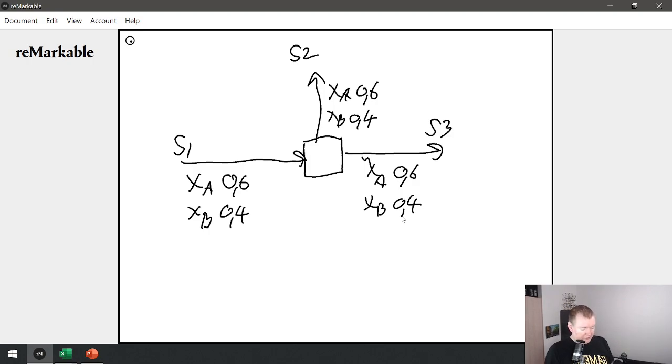Well, I can write up the total mass balance for this system. It would just be stream 1 is equal to stream 2 plus stream 3. Now, if I then want to do my component A balance, all I have to do is take all of these and multiply them with the concentration of A, which in this case means I multiply everything by 0.6. So I'm taking one equation and just scaling it to a different size.